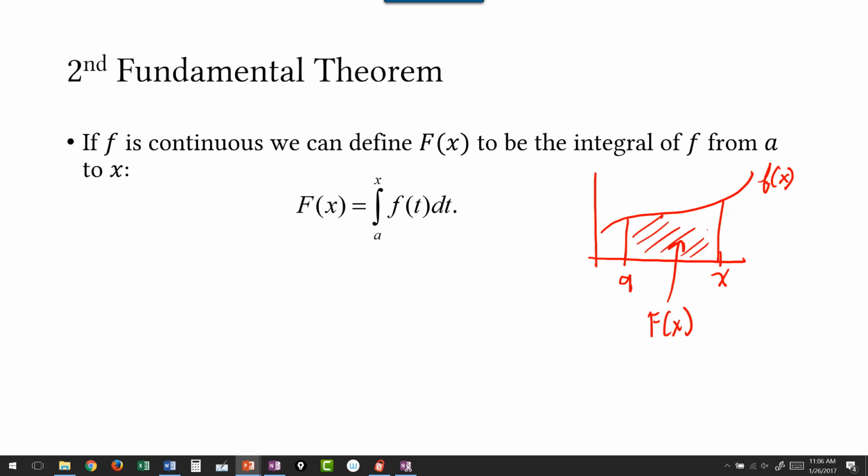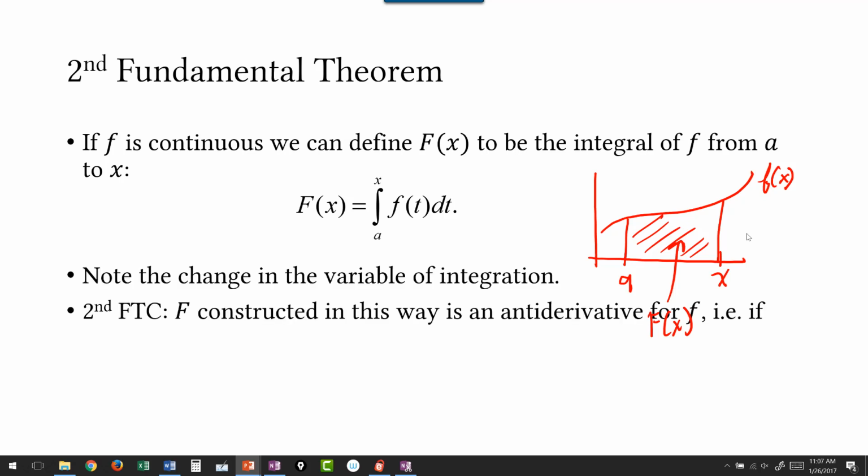So we define capital F in this way. We change the variable of integration from x to t here, and that's just to make sure we don't get confused between the value we're plugging into the function capital F and the variable of integration. So those should always be different. And nothing special about choosing t, just something that's different from x.